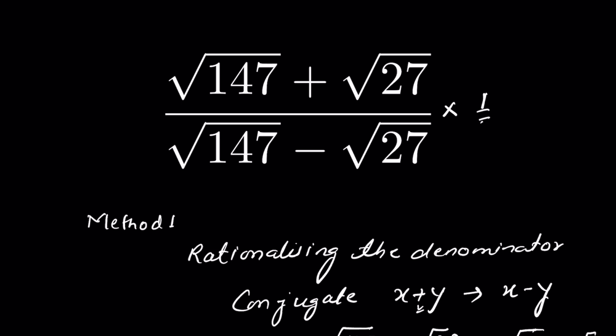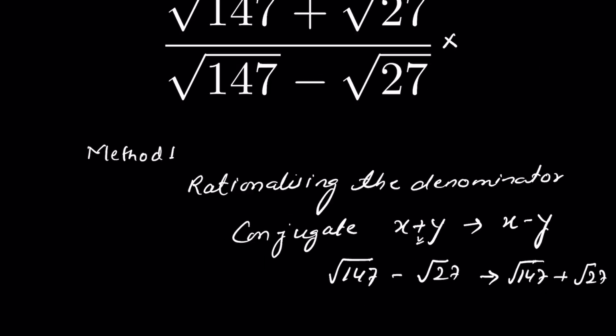But instead of 1, if we write the same number, consider a upon a, then it is equal to 1. A times 1 is a. Therefore, instead of 1, we divide and multiply by the same number without changing the original question.